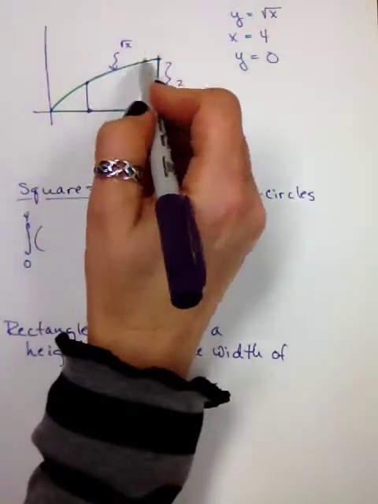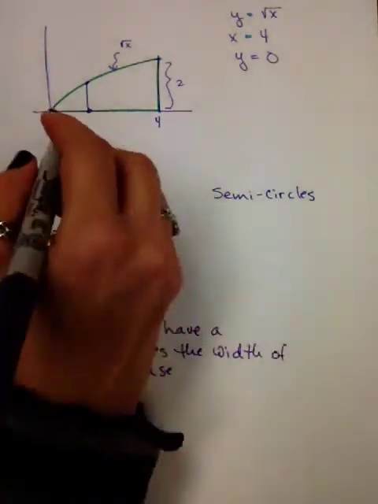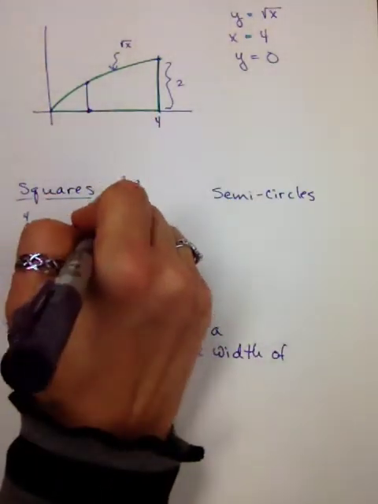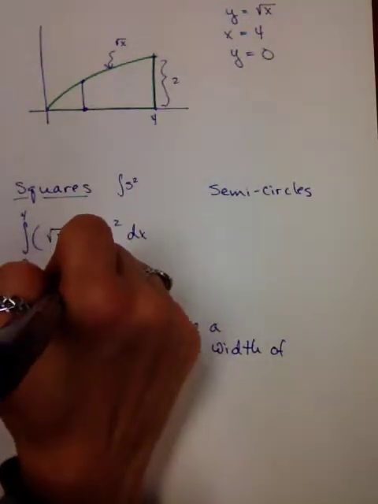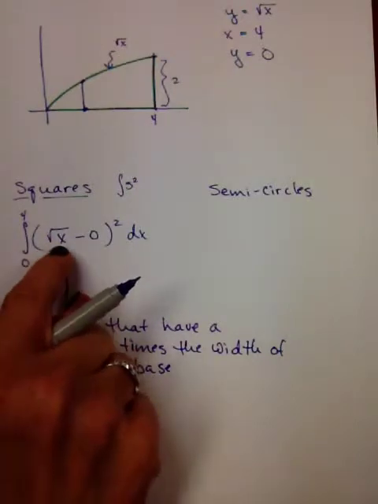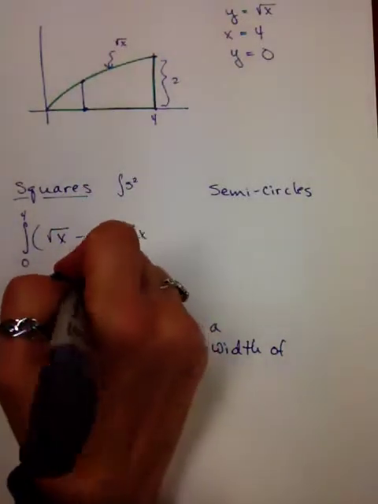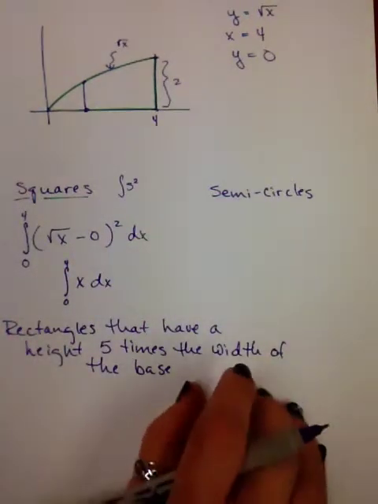The more positive function is the square root of x, and the less positive function is y equals 0. So if I simplified it, it would be the integral from 0 to 4. The square root of x minus 0 is just the square root of x. Squared is just an x, with respect to x. So that's a pretty simple problem.